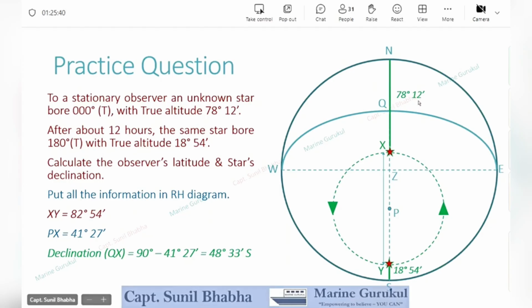So this 78°12' altitude should be from the north point of our horizon. That is what 000 is. Okay, sir. And in the second line it says the same star bore 180 with the altitude of 18°54'. Now 180 represents the south point. So 18°54' has to be from the south point of the observer, beta.